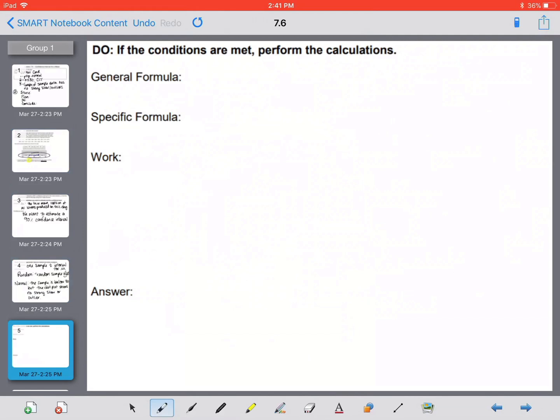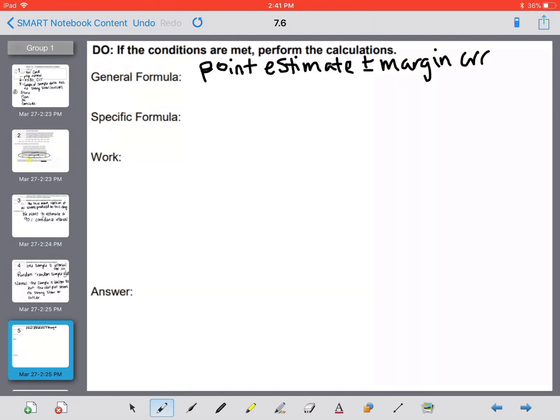Our general formula, this is what we talked about last week, is the point estimate plus or minus our margin of error. The specific formula is x bar plus or minus t times our standard deviation over the square root of n.